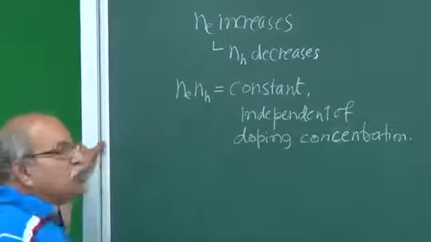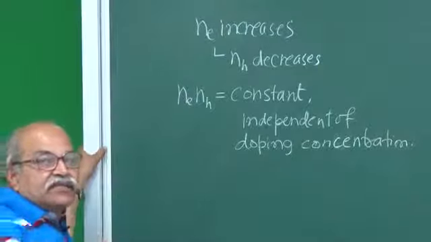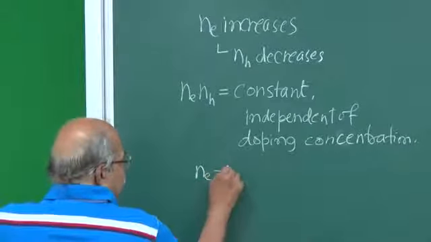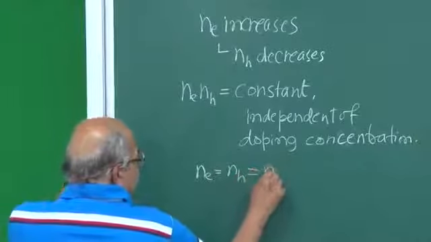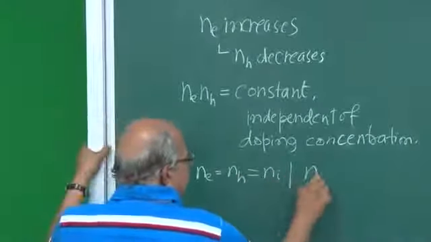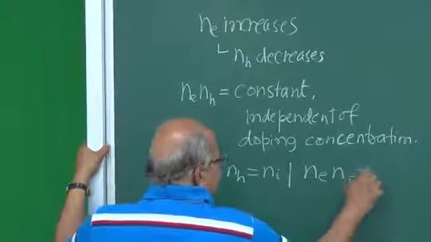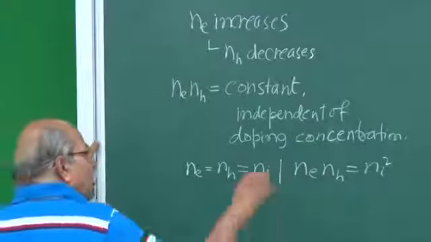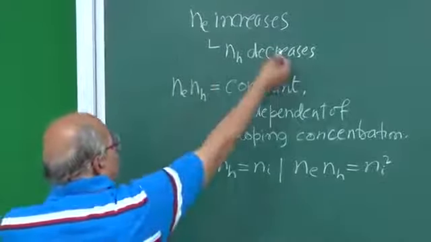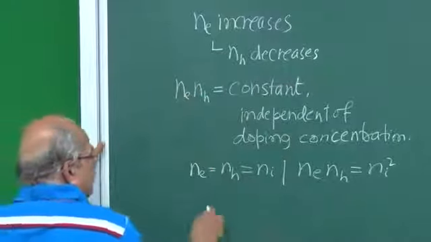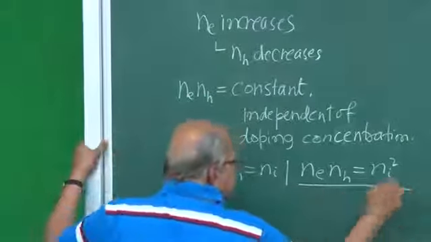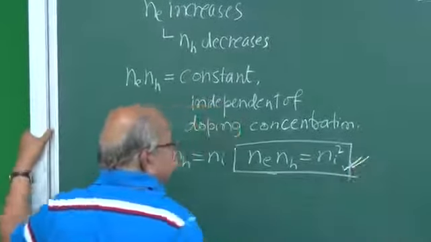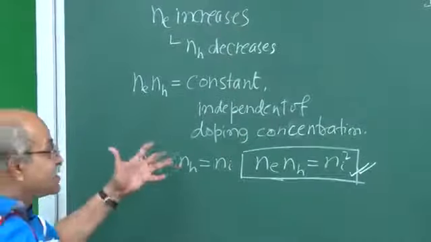If you do not dope and leave it intrinsic, then Ne is equal to NH, and we write it as equal to Ni. So Ne into NH is Ni square. When you dope, Ne has gone up, NH has gone down, but then this relation still holds.